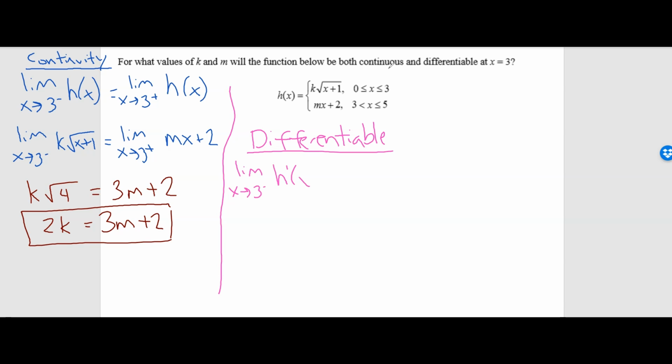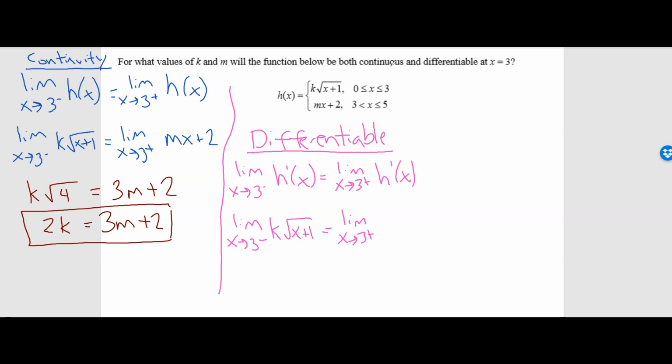So if h prime of x is equal to the limit as x approaches 3 from the positive side of h prime of x. Now, again, same process. Make sure you know which piece of the piecewise function you need to use. As we approach from the left, that's of course going to be my k times the square root of x plus 1 is equal to the limit as x approaches 3 from the positive side of, you know what?